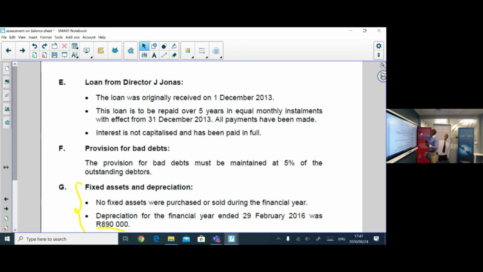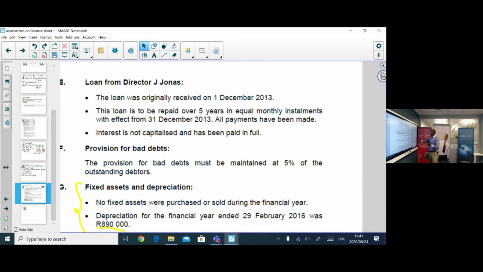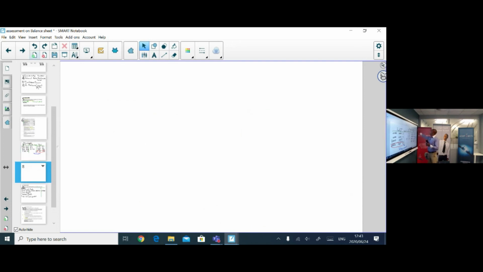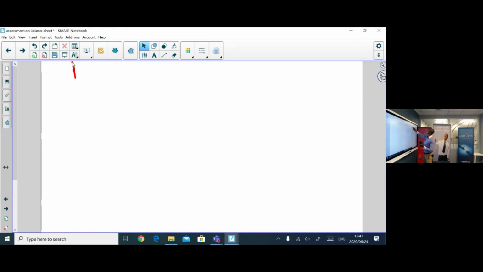I think it's better for us if we break everything down here. I was trying to run through this quickly, but let's break everything down and take our time. Let's go to our retained earnings notes.